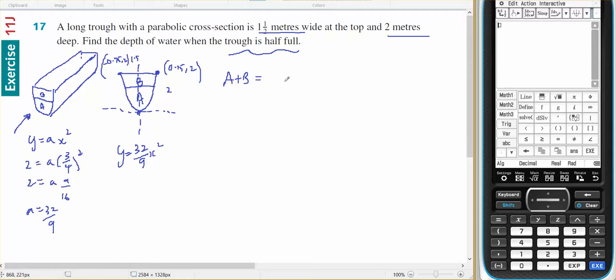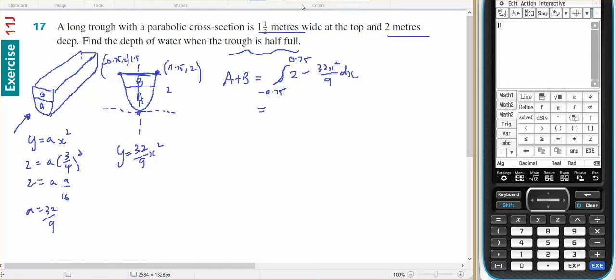And the area of A plus B will be the integral from negative 0.75 to 0.75 of the top curve, which is 2, minus the bottom curve, which is the parabola, 32x squared on 9, dx, and that will give me the total area.